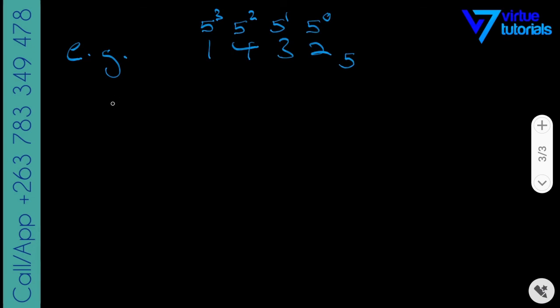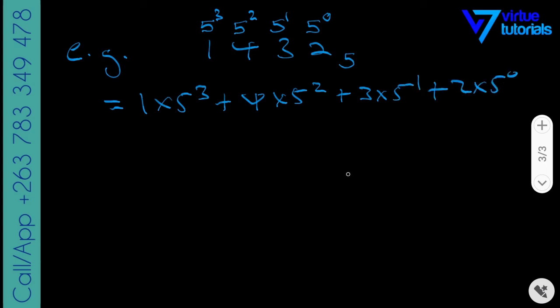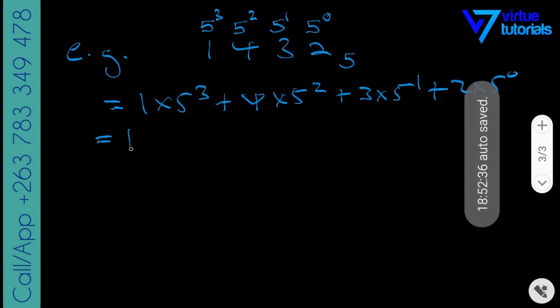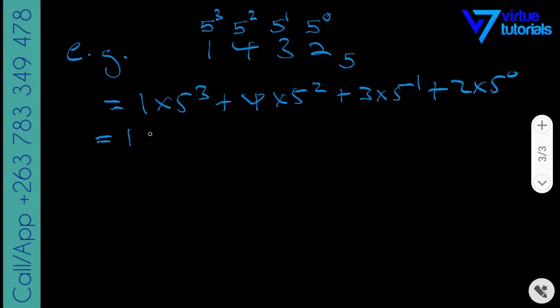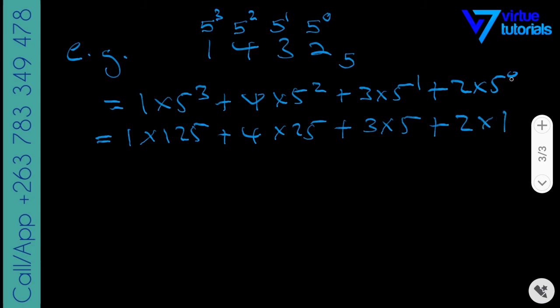So 5 to the power 3 is 5 times 5 times 5, which is 125. 5 to the power 2 is 25, 5 to the power 1 is 5, and 5 to the power 0 is 1, because any number to the power 0 is 1.